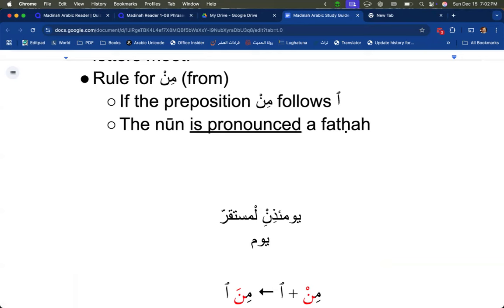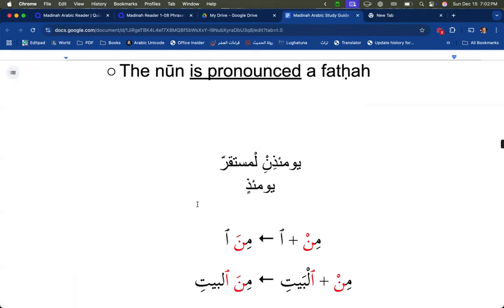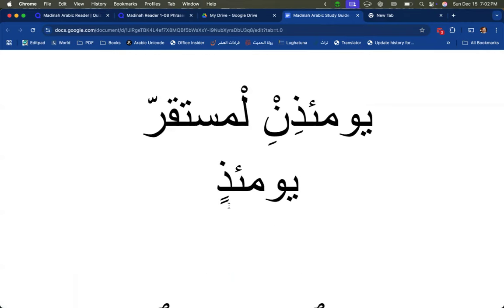To make the noon sound. So anytime you see a tanween in the Quran, whether it's yawma idin, or if it's babin or baban or babun, they're all tanween.